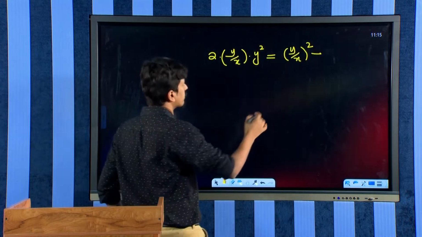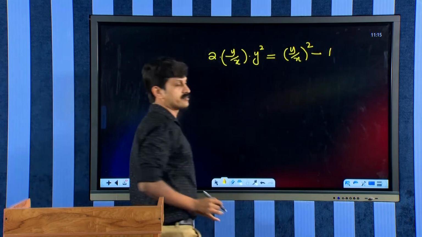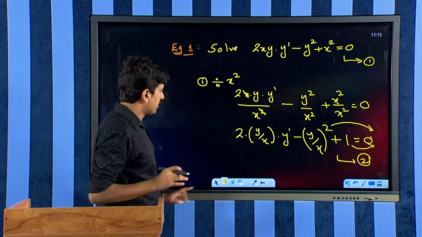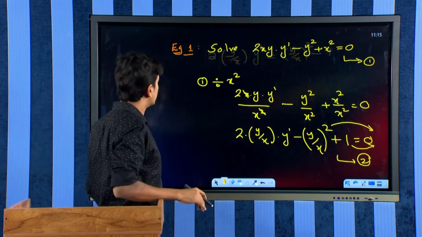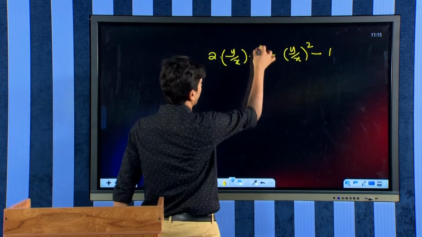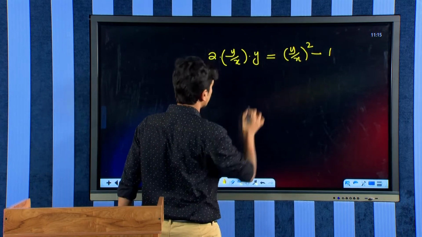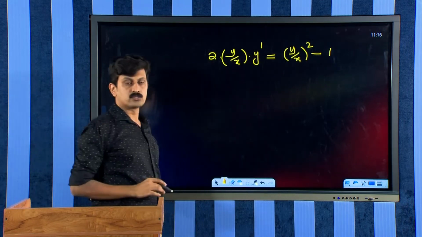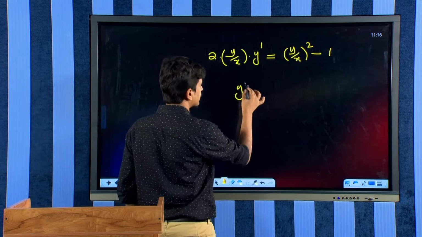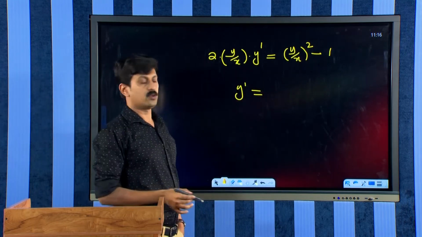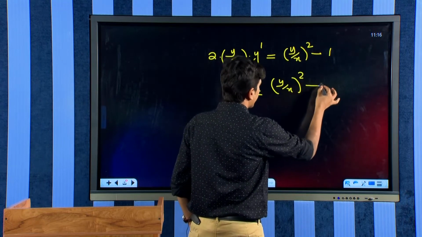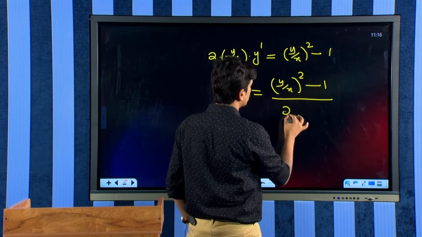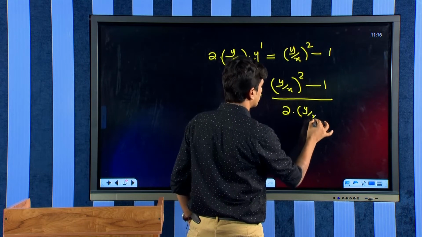Here we have 2 into y by x into y dash. So, therefore, we will have y dash is equal to y by x whole square minus 1 divided by 2 into y by x.